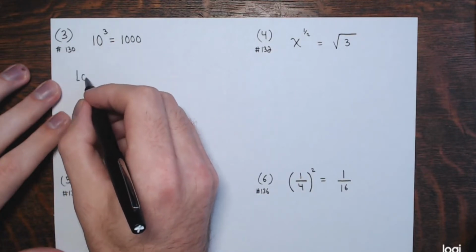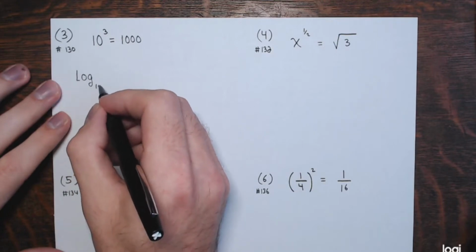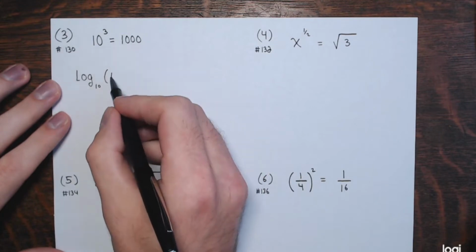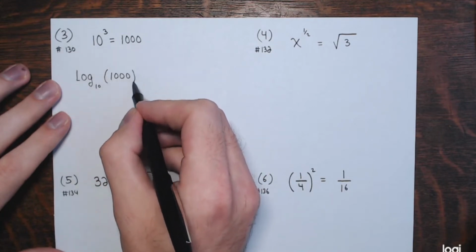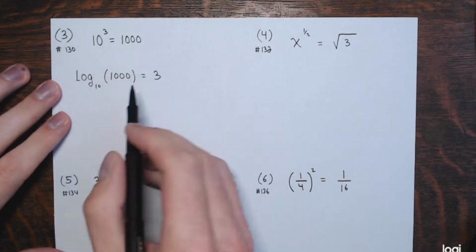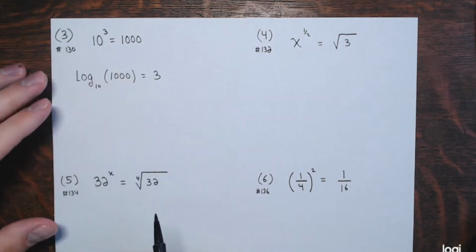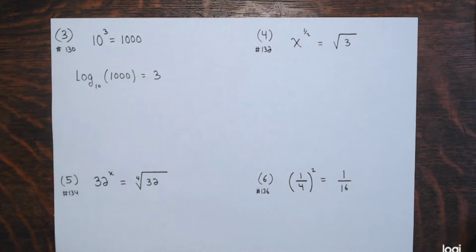So the log base 10, that was the base on the power, of 1,000, the number on the other side, equals 3, since 10 to the third power does give us 1,000. And there you go.